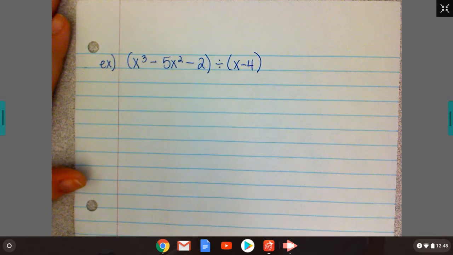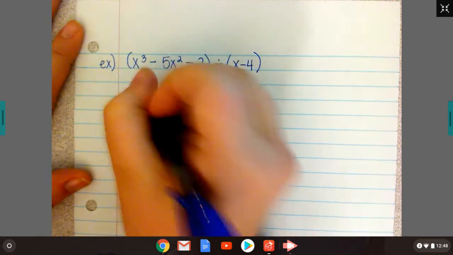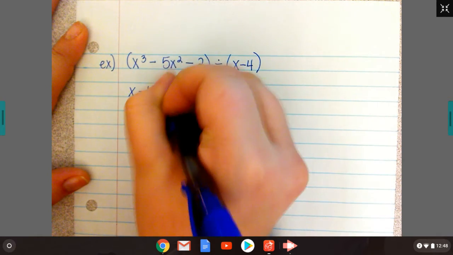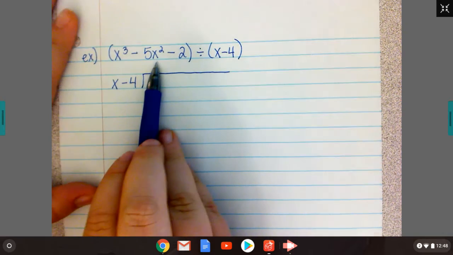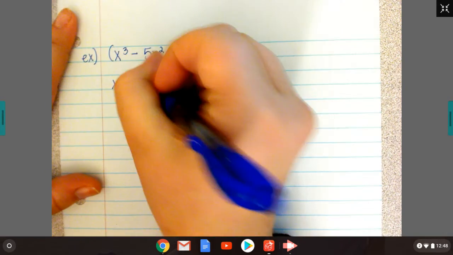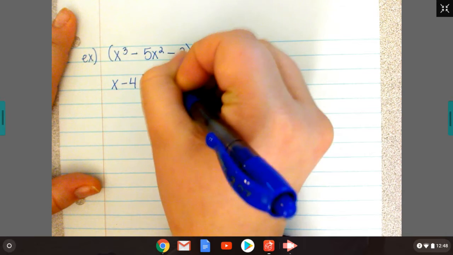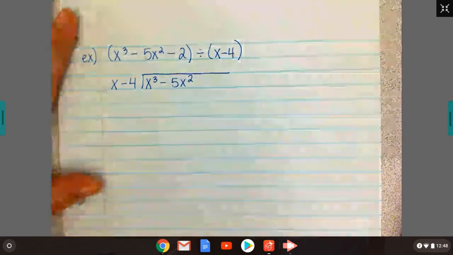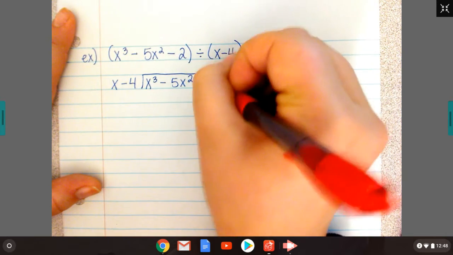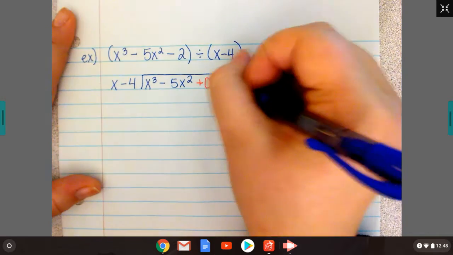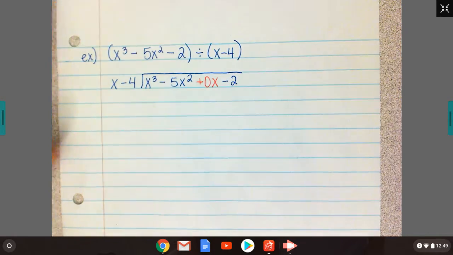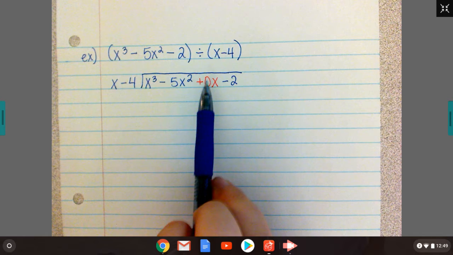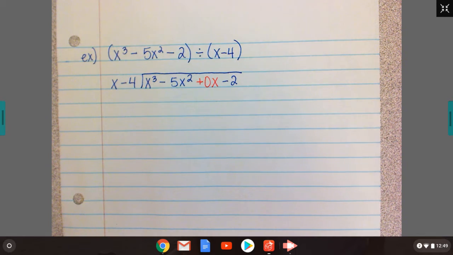So we're missing a degree 1 here. So when I write it out for my dividend, I need to put in an x term. And the only way to do that so that it doesn't change the problem is to use a 0x. So I'm going to put in that fake term there just so everything will line up nice. Otherwise, I won't have a spot for my x's and it won't work out as nice.